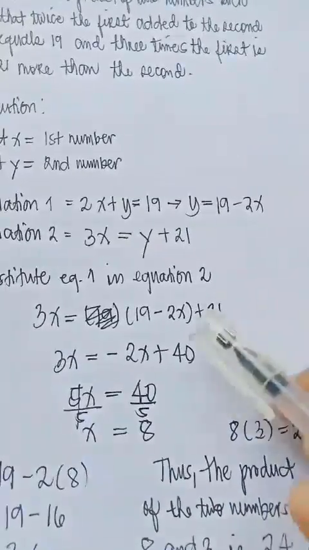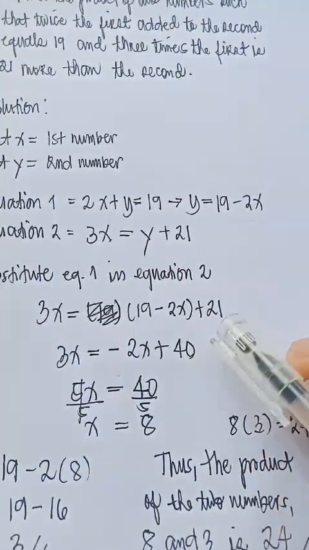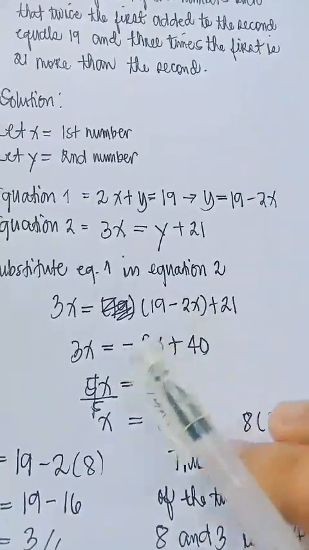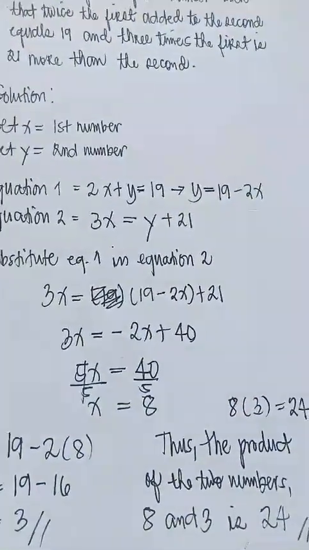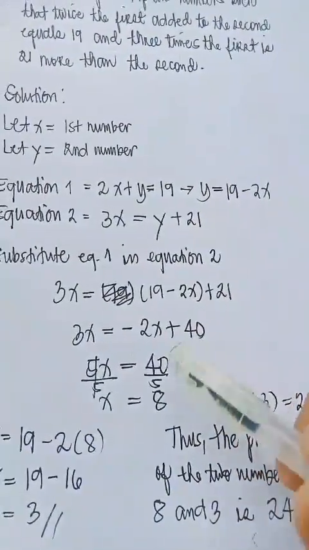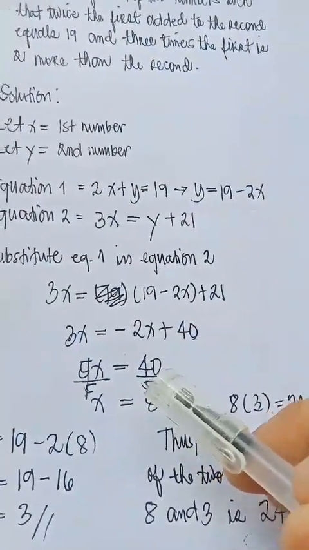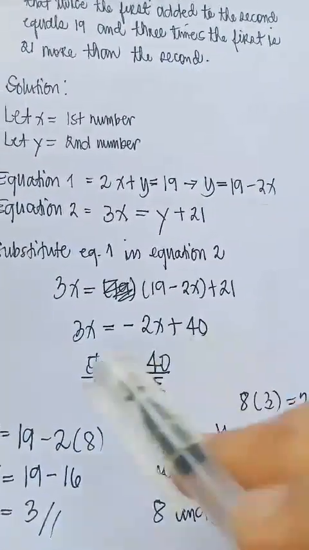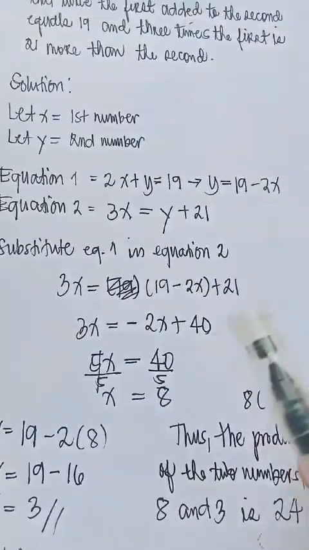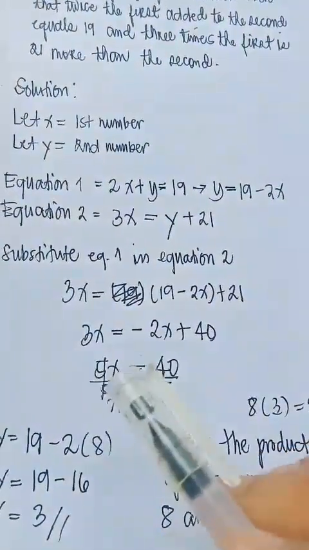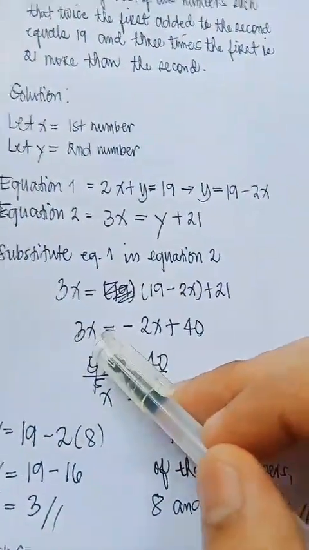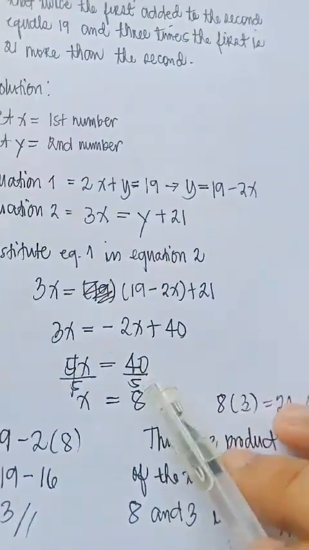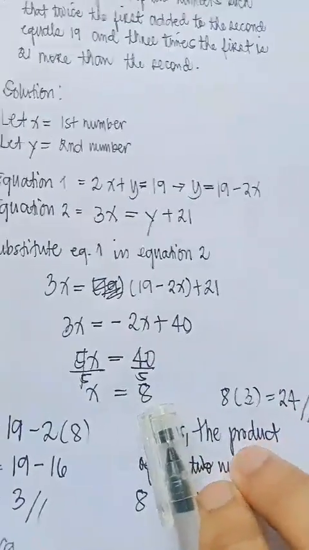We get 40 here because we added 21 and 19. And 2x, we just simply put it here. Now, for us to get the value of x, we just divide both sides by 5. That is why we cancel here, and the remaining is x, and 40 divided by 5 will give us an answer of 8.